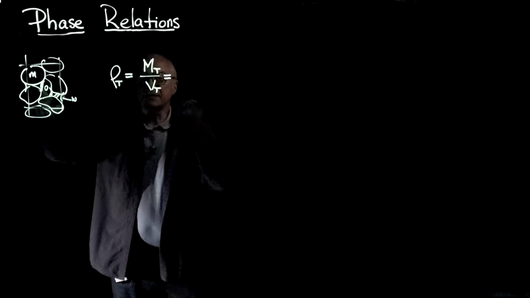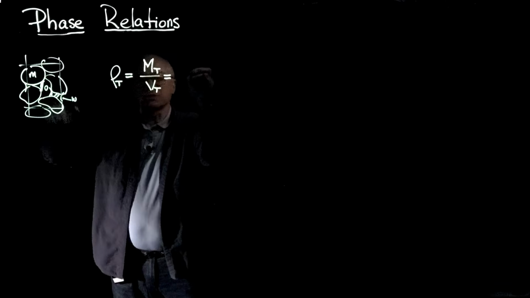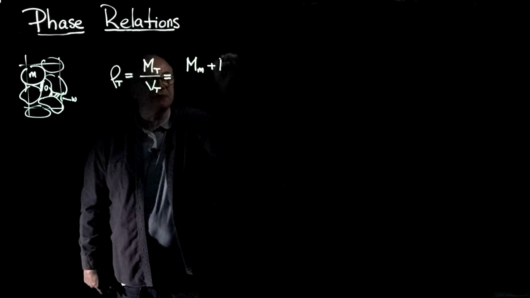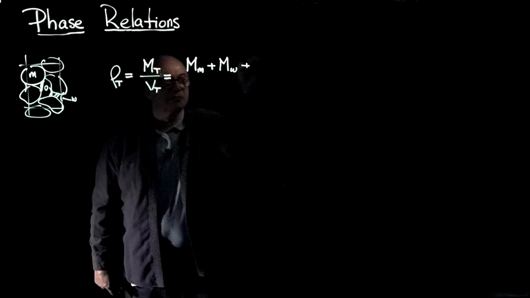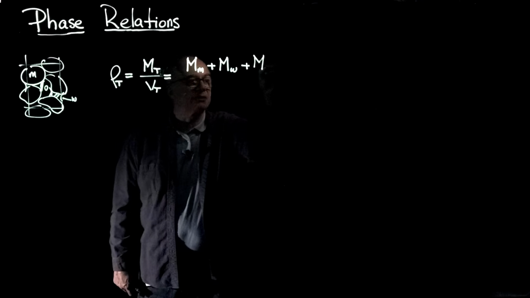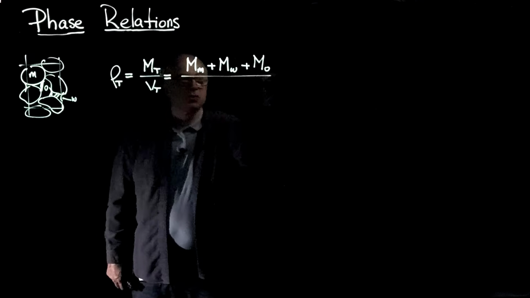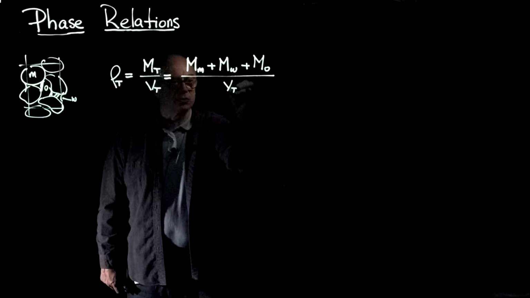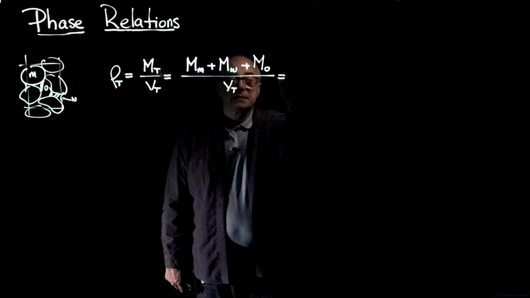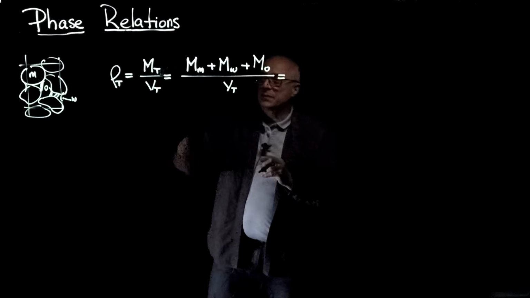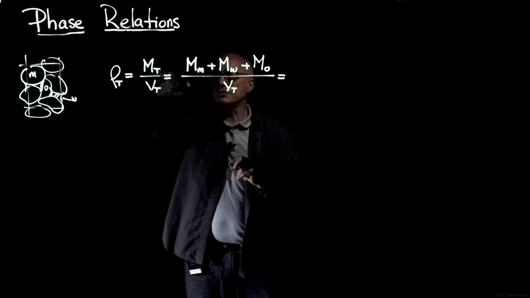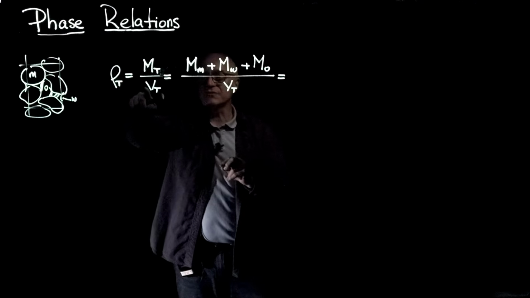Now, in this mixture, we have the mass of the mineral phase plus the mass of the water phase plus the mass of anything else, could be air, could be an organic contaminant, let's say O, over the total volume. Now, we can replace each of these masses by their corresponding mass densities and volumes.